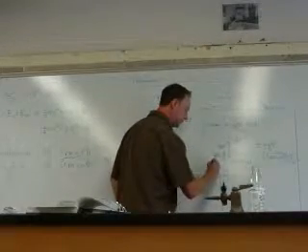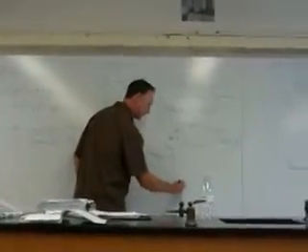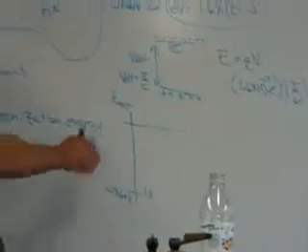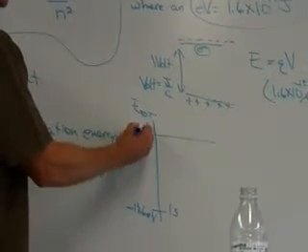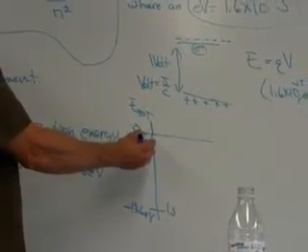Here's energy, E total, and here's minus 13.6 eV. That's like a 1s. So it takes 13.6 eV to energize it up to 0 eV, to free it, to ionize it.